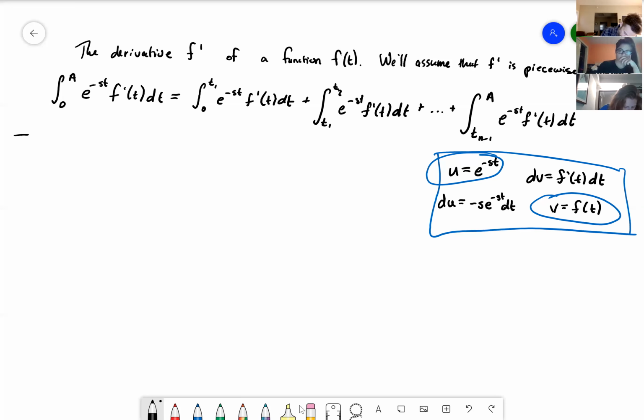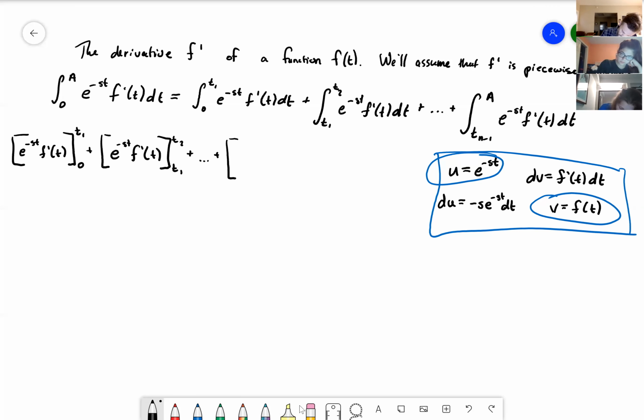So I'll have e to the minus st f of t evaluated at 0, t1, plus e to the minus st f of t evaluated at t1 and t2, and so on, up to tn minus 1 and a.